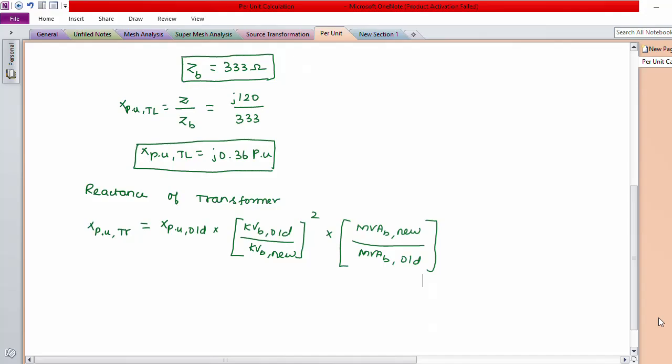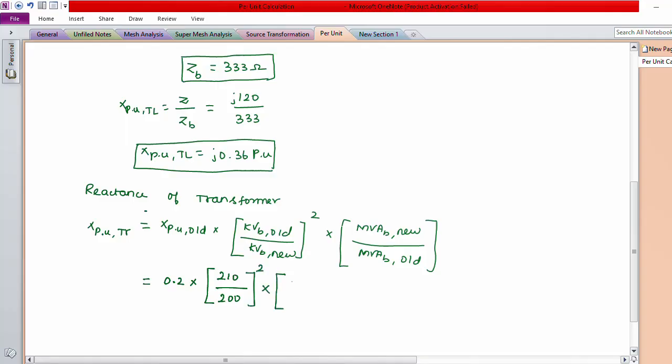What is the per unit reactance of the transformer given, that is the old value. So the old value of the reactance is 0.2 per unit, and the kVb old on the high voltage side is 210 kilovolt, and the kVb new is 200 kilovolt. So kilovolt cancels, so no need to substitute it here.